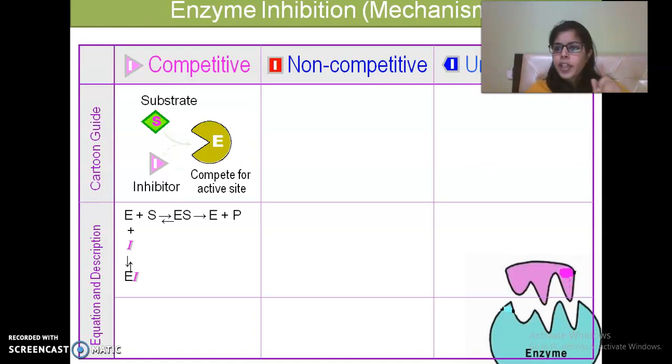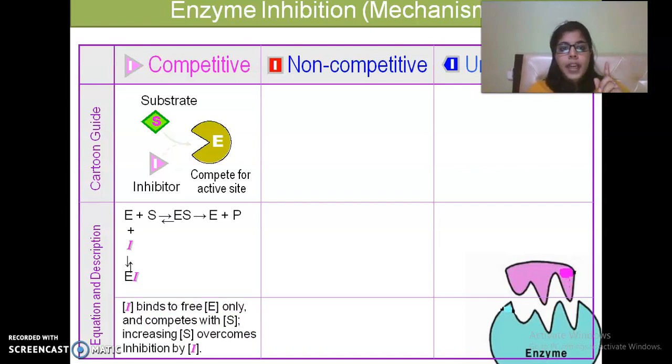So I have this kind of a reaction where free enzyme reacts with inhibitor to give me EI, that is enzyme inhibitor complex. And next, what they write is: inhibitor binds to free enzyme and competes with S, increasing S overcomes the inhibition by I.